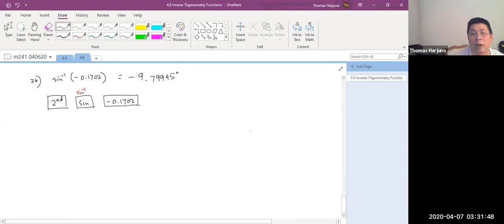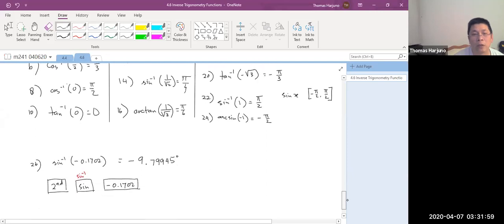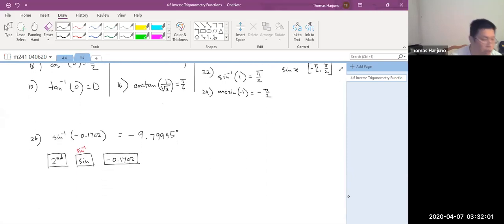So the answers I gave you earlier, from number 6 to number 24 and even before that, were all in radian. This time, when you use calculator, you can choose your answer to be in radian or in degrees. I believe if you use your calculator right now, the mode must be in degrees.